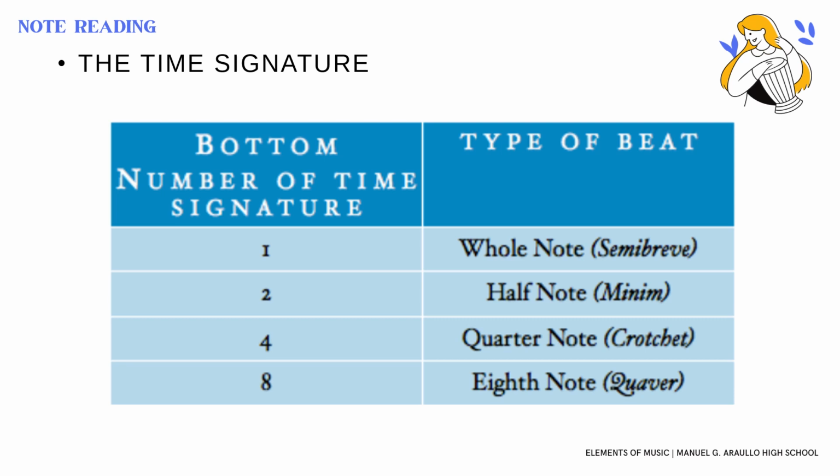Bottom number of the time signature, pag nakalagay 4, ibig sabihin, the type of beat that receives 1 beat is the quarter note. Kung nakalagay naman 1, ibig sabihin yung whole note, imbis na 4 beats ang matatanggap, ang makukuha niya ay 1 beat lang.